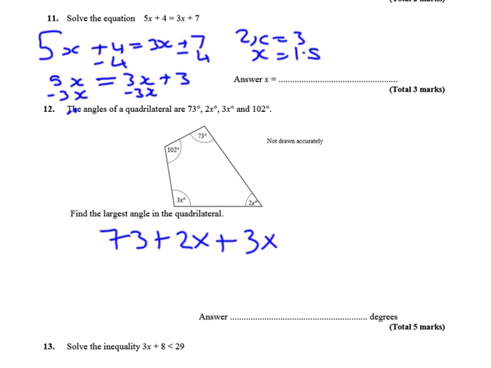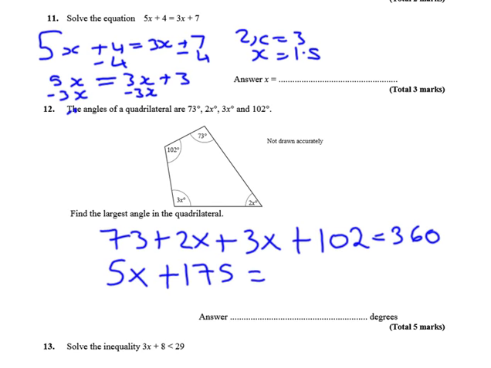Because the angles in a quadrilateral add up to 360 equals 360. When we simplify this, we would get 5x add 175 equals 360. Now to work out what x is, we're going to take away 175 from both sides.